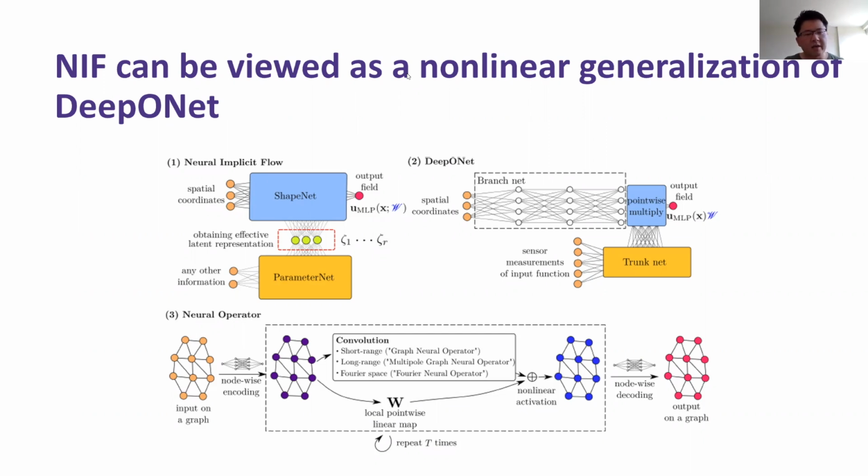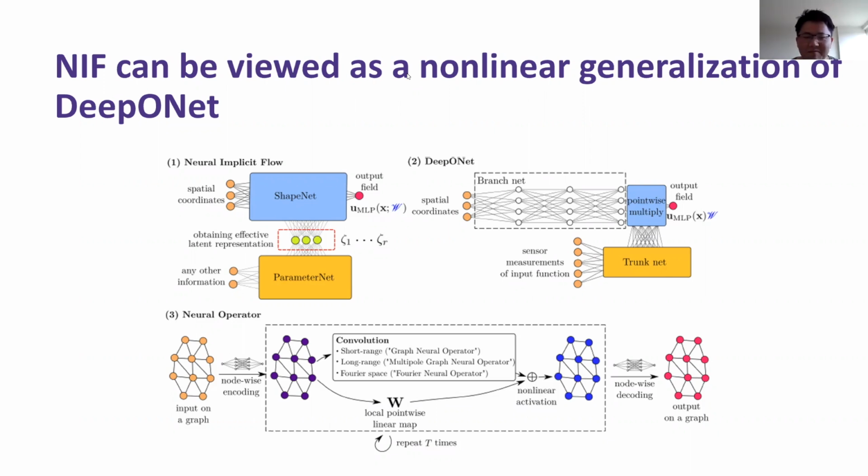It does not give me much benefit. So that's why I didn't use that from the latent representation to the ShapeNet. I just use a simple linear network. Thank you. Yeah. Looks like we have another question.